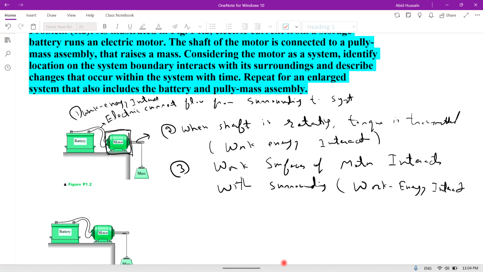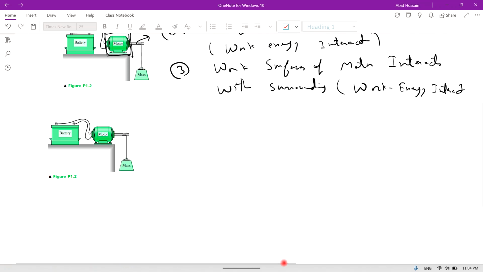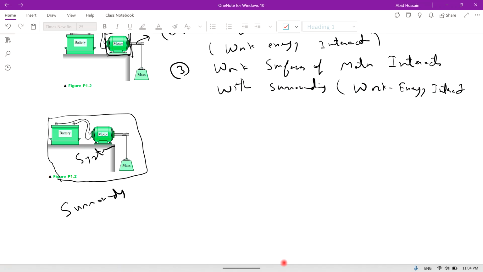Now the second part of the question: repeat for an enlarged system that also includes the battery and pulley mass. When this whole thing is the system, and outside the system is the surroundings, we cannot consider the current flow, because the battery, motor and mass are all system.